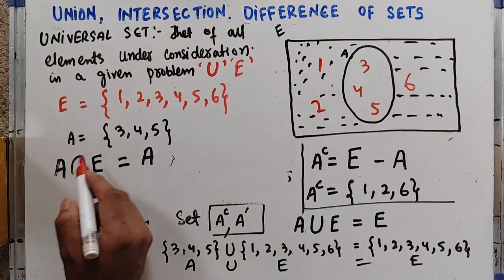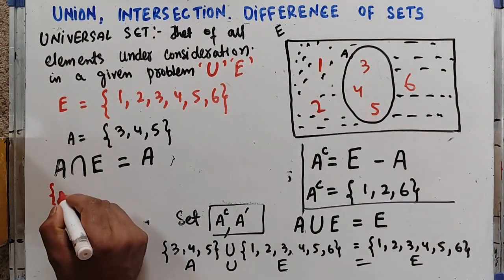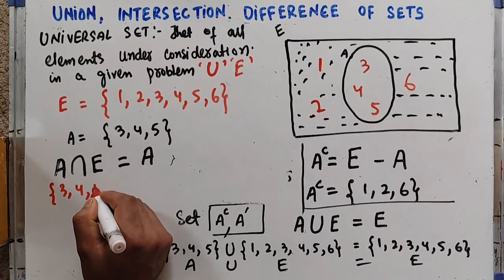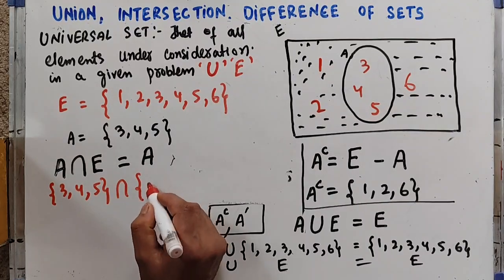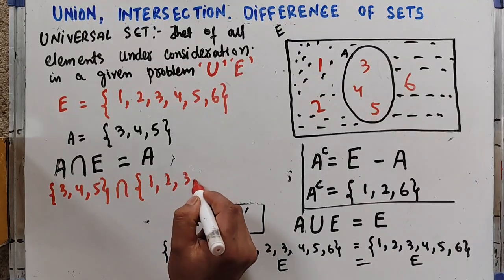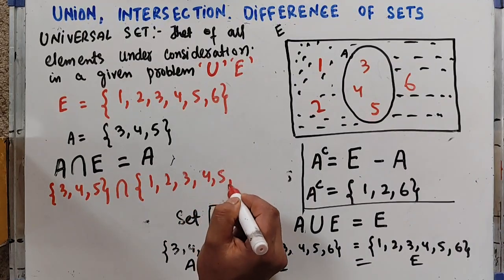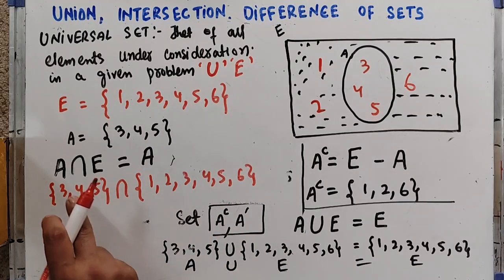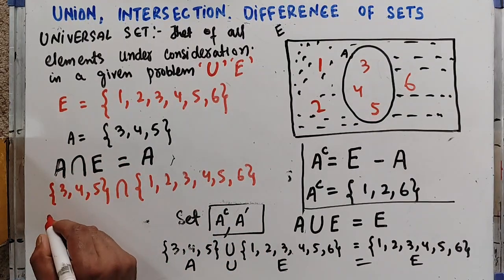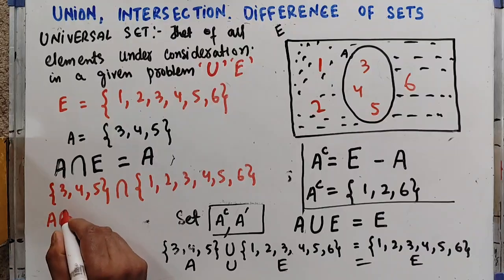We know that in A we have 3, 4, 5, intersection the universal set 1, 2, 3, 4, 5, 6. Now the common elements of A and E give our intersection.